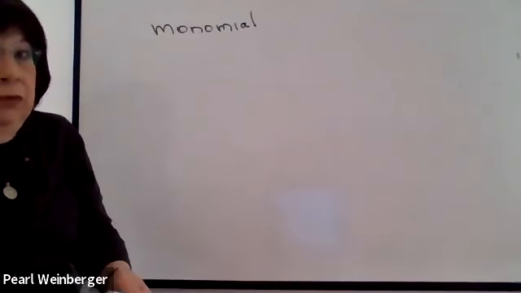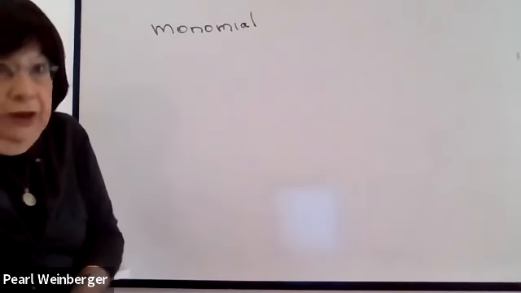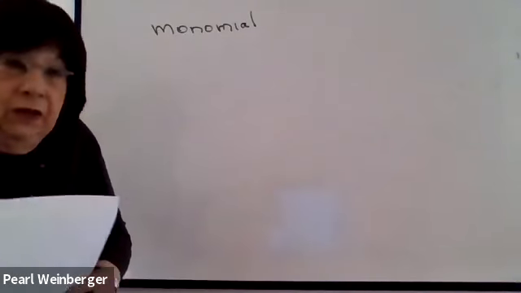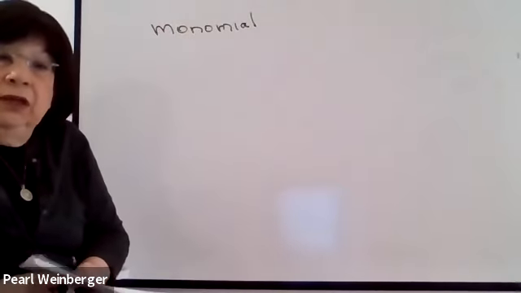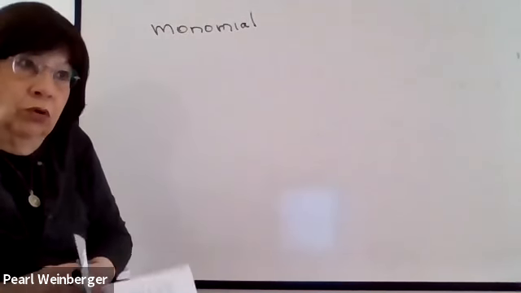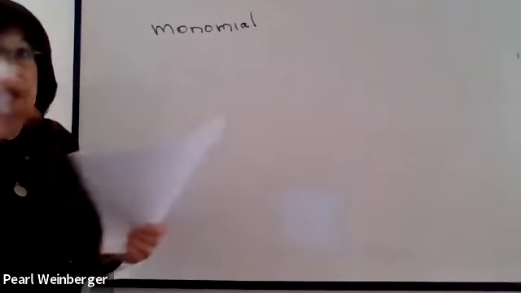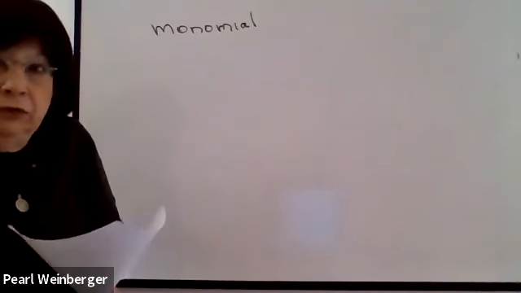Now remember, when we're talking about algebra, our numbers are either regular numbers that we recognize, or they could be even letters, what we call variables, because if we have an unknown, or we want to talk about something in general, instead of using an actual number, we can use a letter.